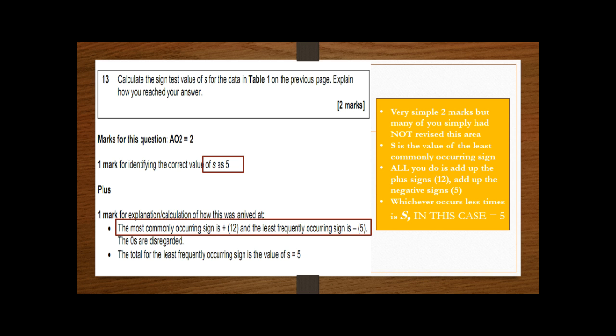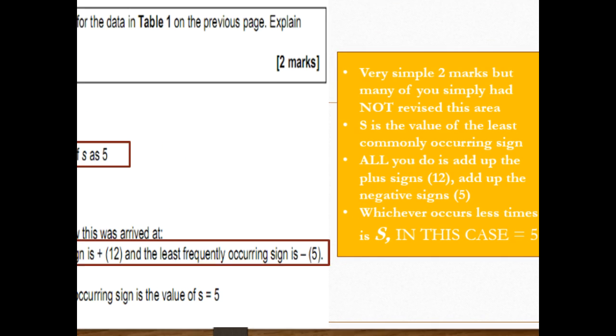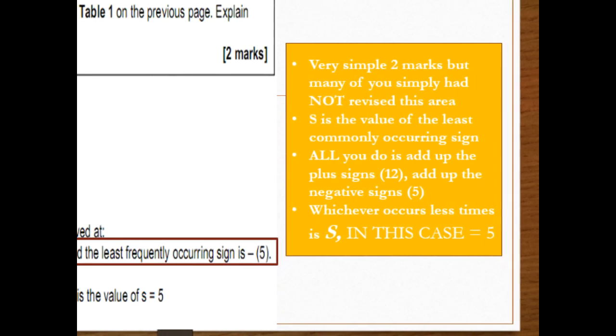You were told that data analysis was going to be on the paper, and many of you just hadn't gone back through it. So S was 5, so that got you 1 mark, but you had to say that S is the value of the least commonly occurring sign.